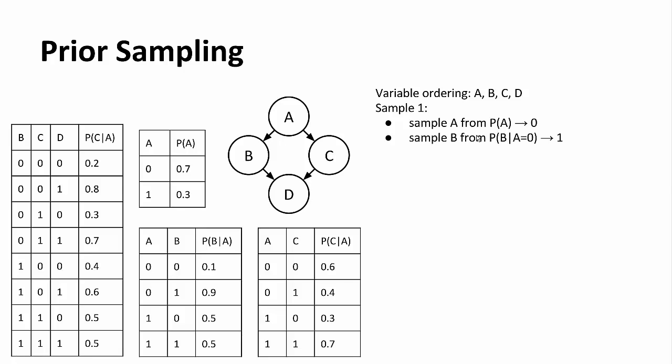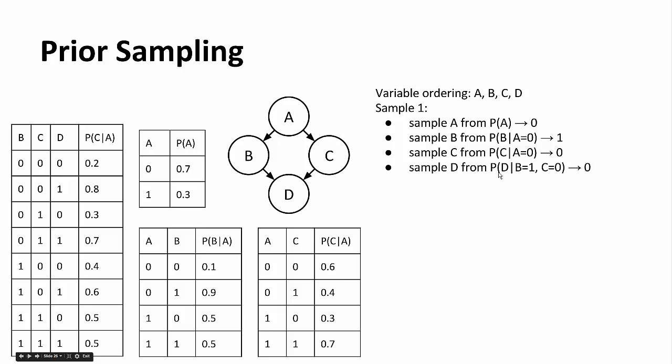We'll now sample B. We sample B from the table probability of B given that A equals 0, right? Because we know what the value for A is above, so we sample from this table conditioned on A. Say that we find that B is 1. Just moving down the line, we'll sample C from the probability of C given A equals 0, because once again, we've already sampled A. When we're sampling C, we condition on what we sampled for A, say that we get 0 for that.